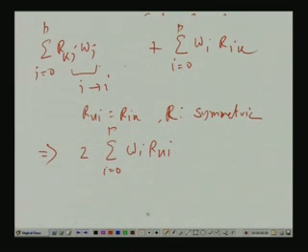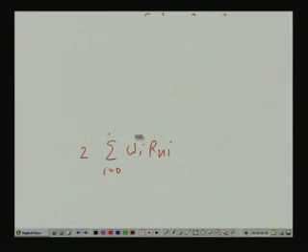I differentiated that quantity, where from did it come actually? It came from deriving this with respect to W k, but I am deriving this with respect to W 0, W 1 up to W p. So k can take values 0, 1, and so on.